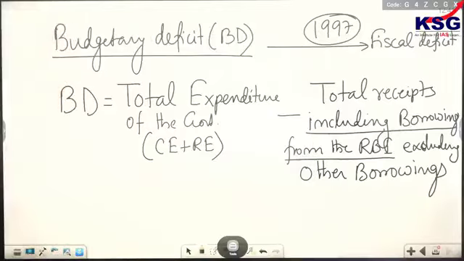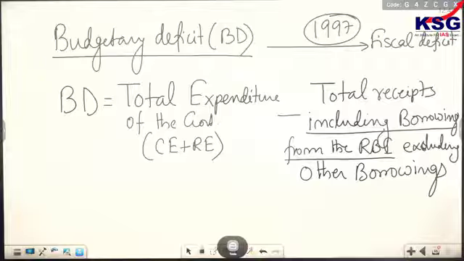Budgetary deficit is the difference between the total expenditure of the government and the total receipts of the government, including borrowings from the RBI, but excluding borrowings from other sources. Full stop.